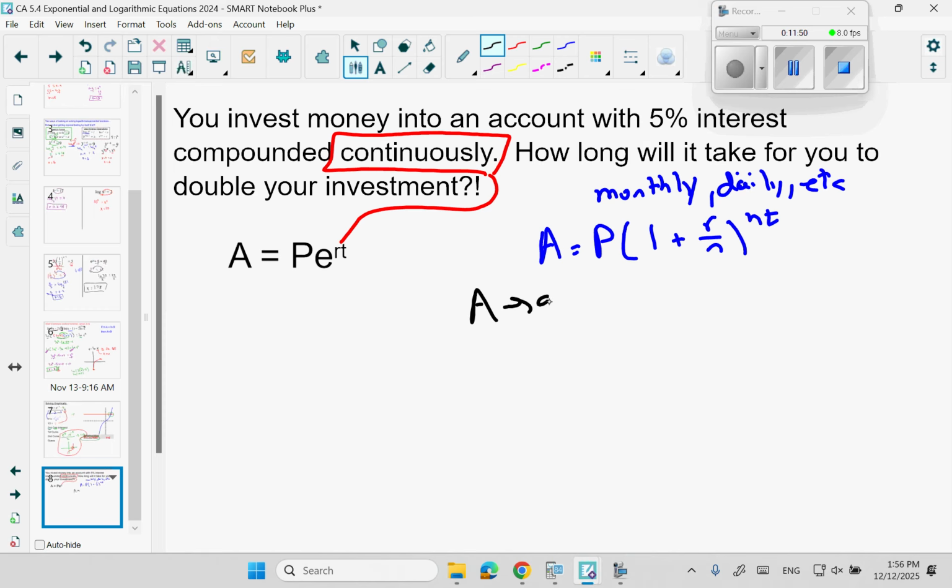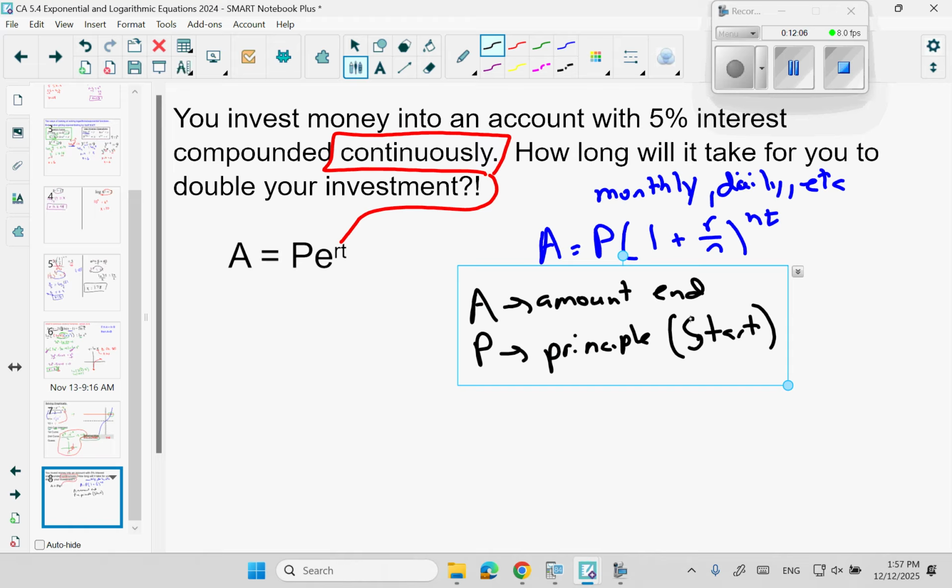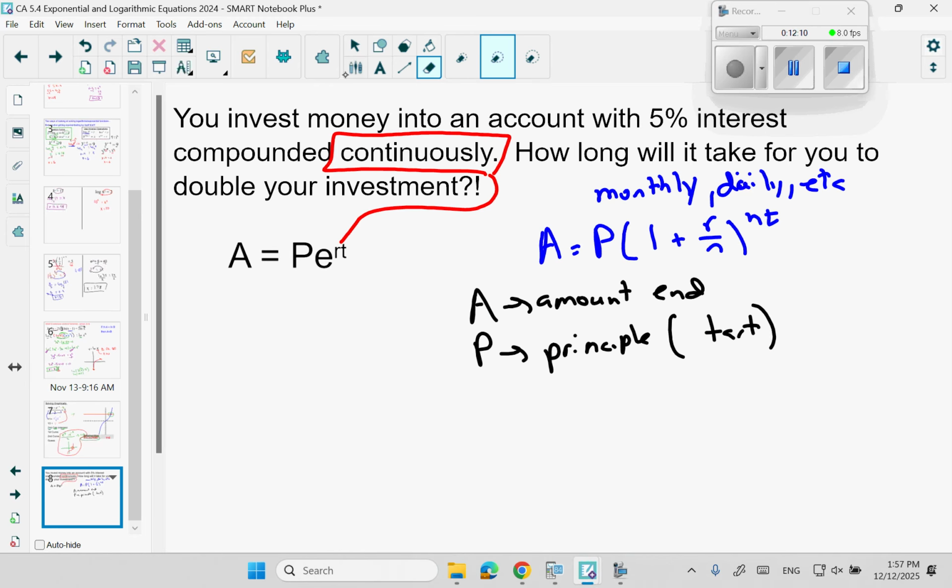A is your amount at the end. P is what's called your principal, or how much you start with. R is your interest rate, but it is as a decimal.